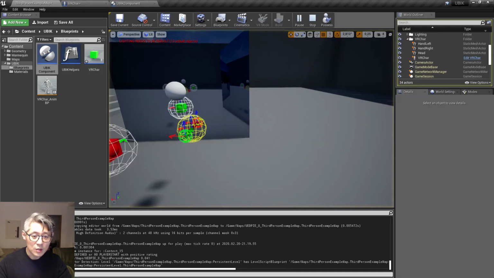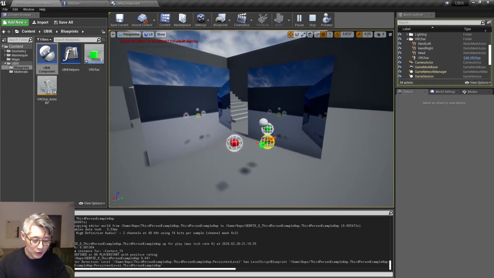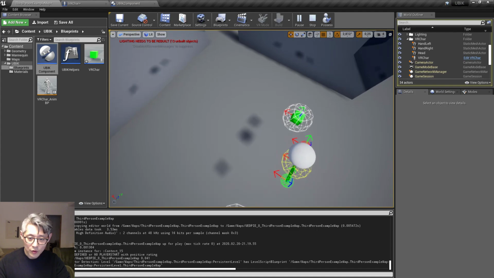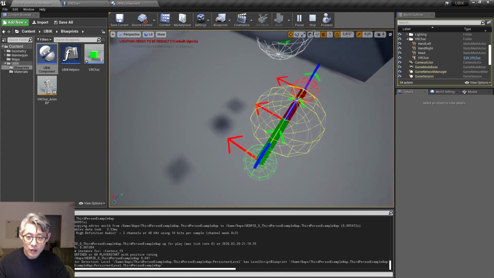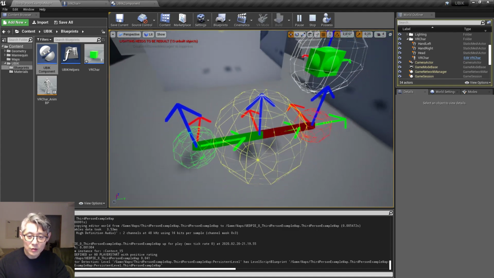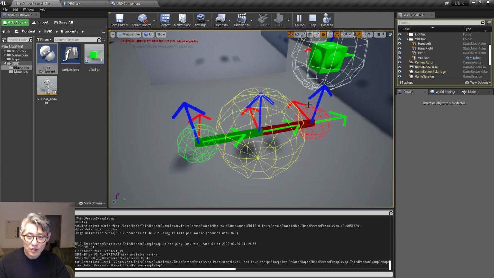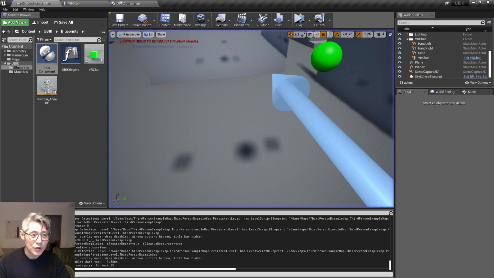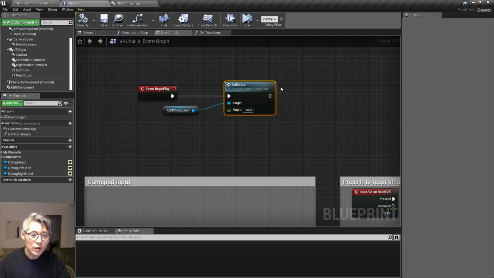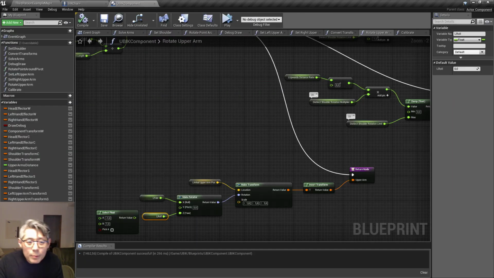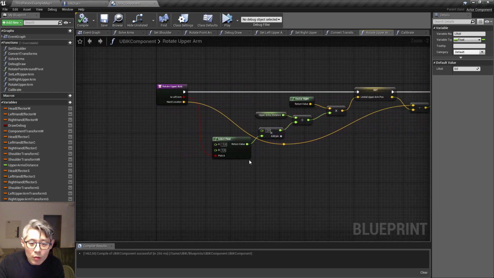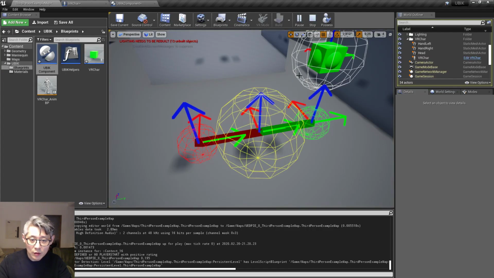I'm just going to hit simulate and see what happens. The one tiny bad thing is that it seems like the green arrow is now pointing the wrong direction. So I guess I need to switch this one. Let's see if this is correct.